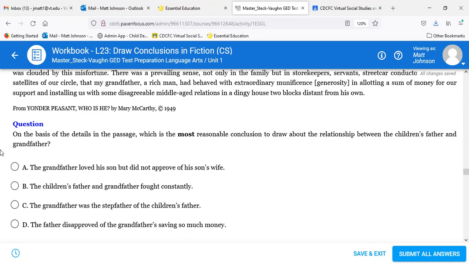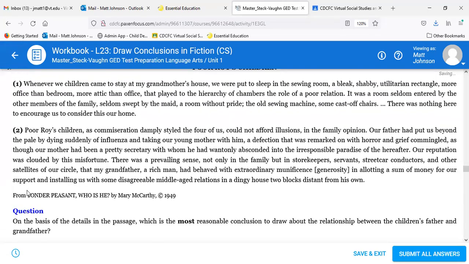Is it B? So it's A. The grandfather loved his son, but did not approve of his son's wife. Right here: "defection that was remarked on the horror and grief commingled, as though our mother had been a pretty secretary with whom he had wantonly absconded into the irresponsible paradise of the hereafter.